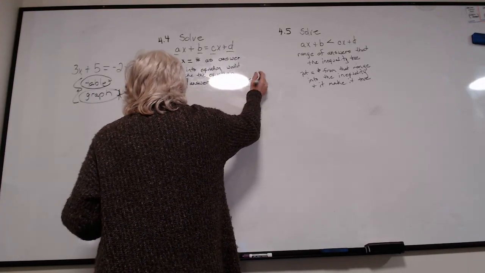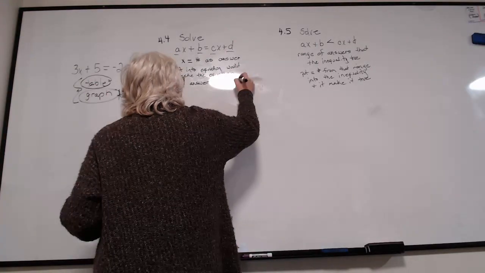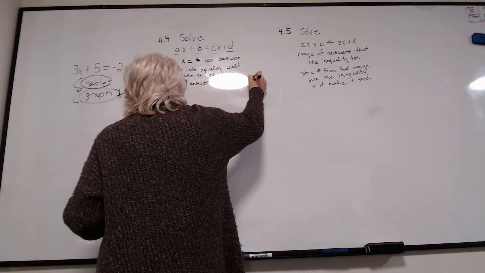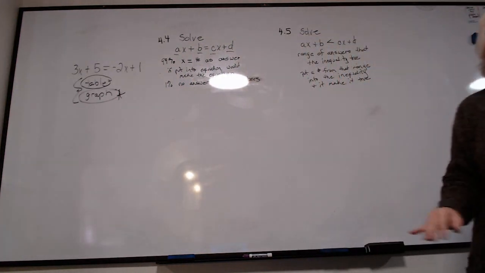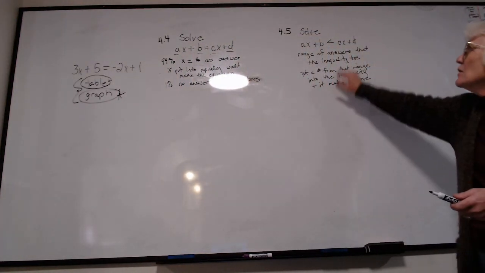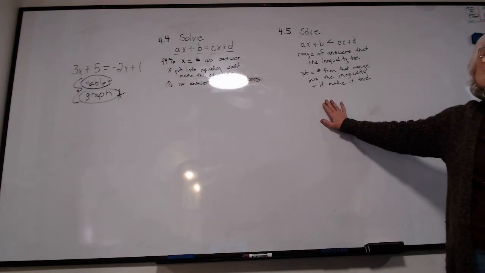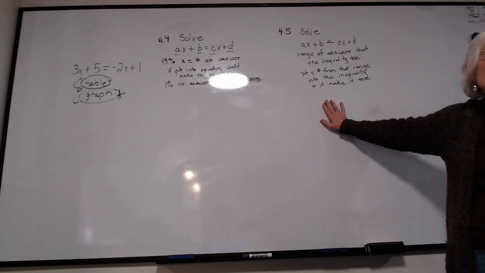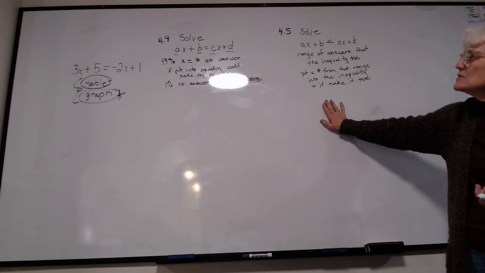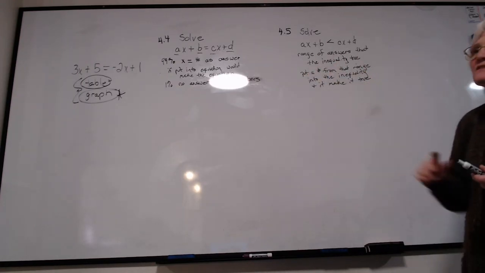That means all numbers. So these two are the special cases. With inequalities, we will always just get a range of numbers. There's no exception where there's no answers or all answers.